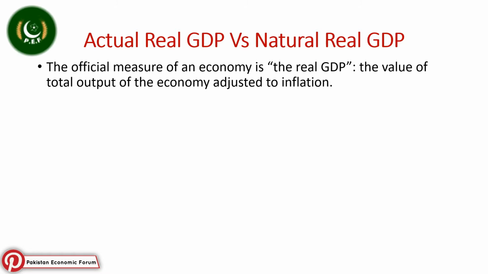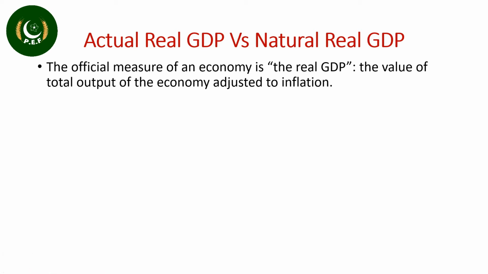Just for a revision, real GDP means the real output of an economy over a period of time. In other words, it is the value of all the goods and services an economy produced in a given time period, but the value is corrected for inflation.